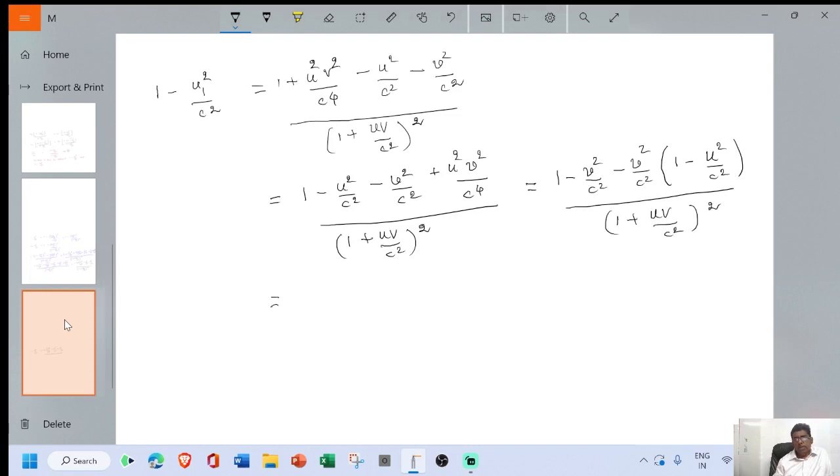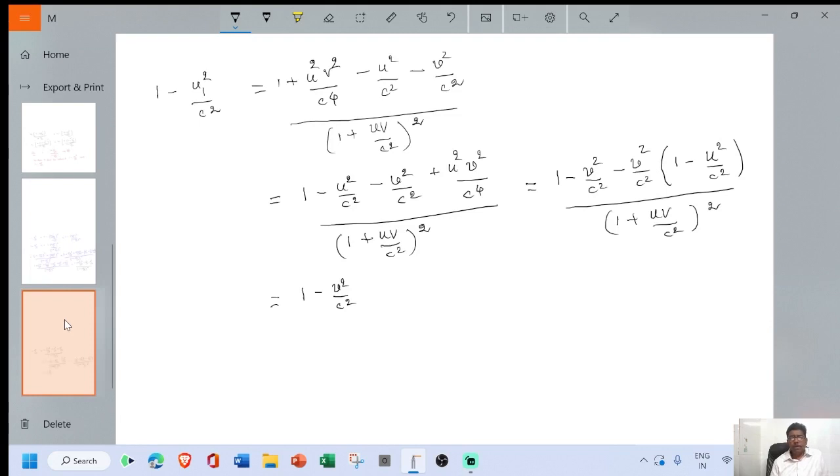This is equal to 1 minus u square by c square, take this term outside. We can write the rest of the terms. See here, 1 plus u square v square by c power 4 minus u square by c square minus v square by c square.